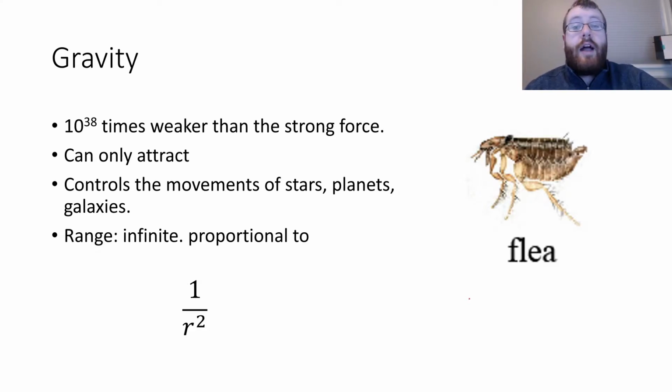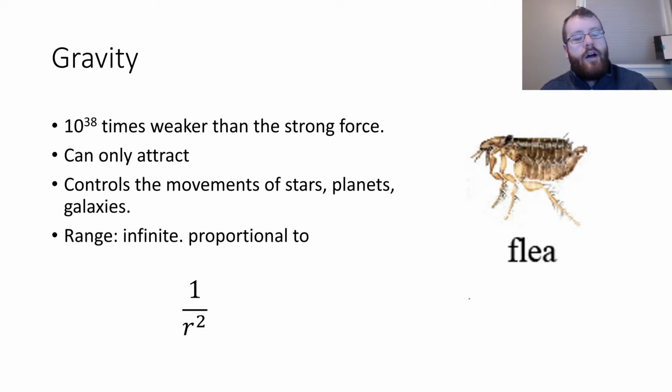And finally, we have gravity, which is the one that we've learned about most throughout the year. It is a very, very, very weak force, 10 to the 38 times weaker than the strong force. Now, this is the one that we're most familiar with and we see on an everyday basis, so we imagine it being very strong. But keep in mind, the mere act of picking up something like a book, or right now I'm picking up my phone, I'm overcoming all of the force that planet Earth is pulling on this.